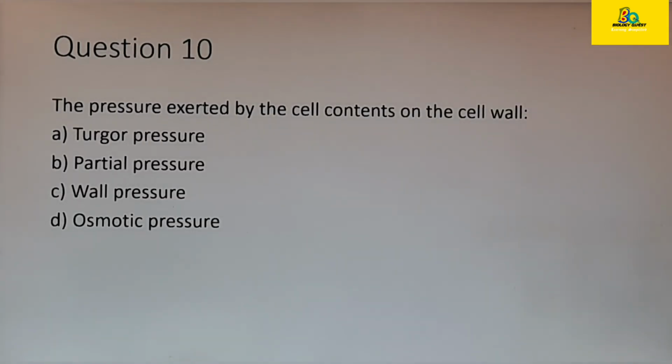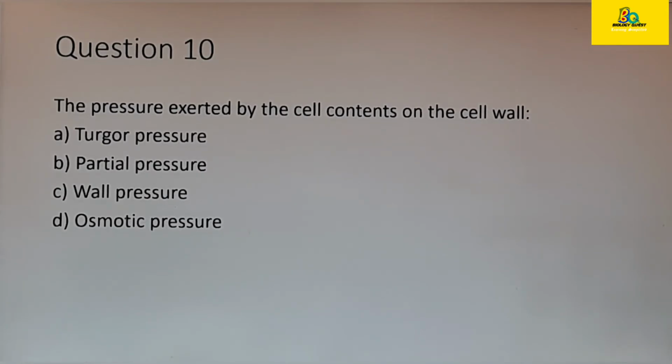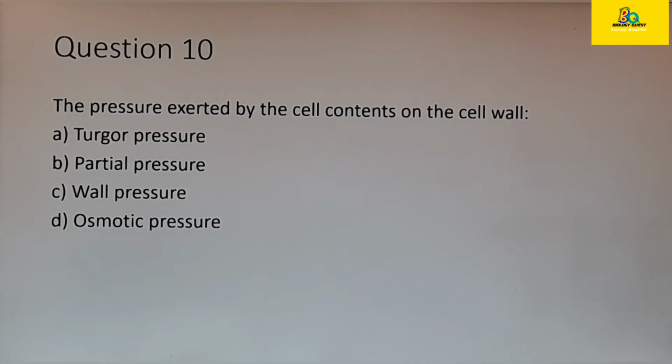Question 10. The pressure exerted by the cell contents on the cell wall. Options are turgor pressure, partial pressure, wall pressure, osmotic pressure. When the cell becomes turgid due to endosmosis, the pressure is exerted by the cell contents on the cell wall, and this pressure is called turgor pressure.